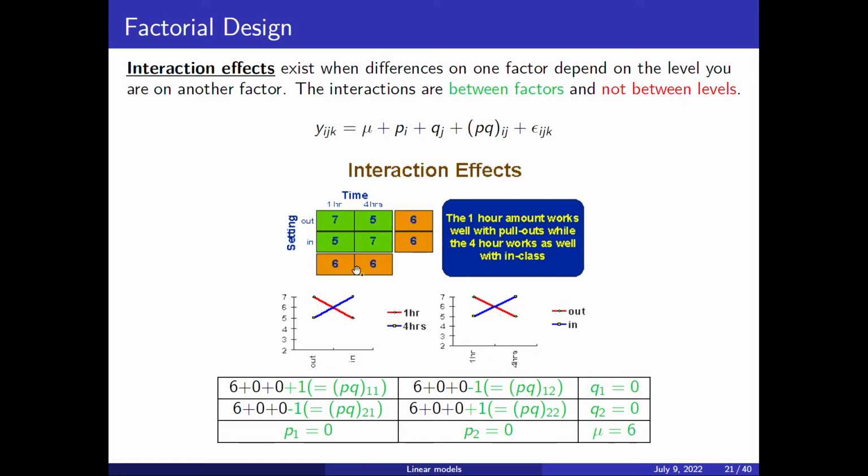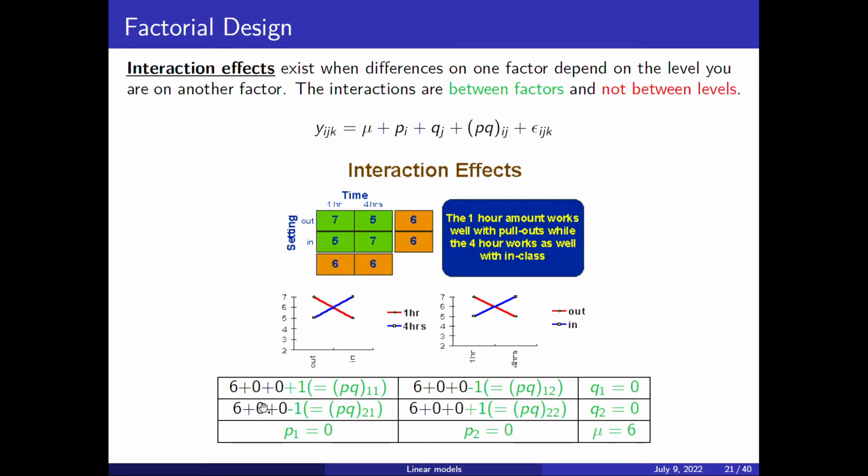So these things that you cannot explain by the main factors alone are what are called the interactions. You may think of this as synergies, where these two levels together are particularly good or particularly bad, and then you can compute the interactions as whatever is left until I reach the mean of the cell.